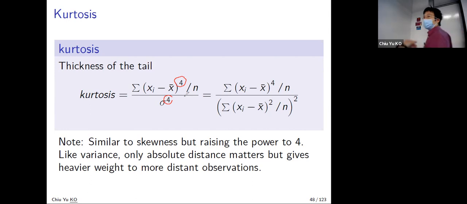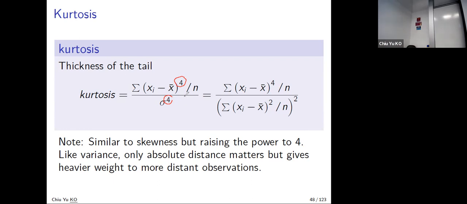And because raising to power 4 is always positive, regardless of whether the outliers are at the right end or the left end, as long as you have a lot of outliers, this will be very big. Then what's the benchmark? For skewness, it can be negative or positive, more than 1 or 2.